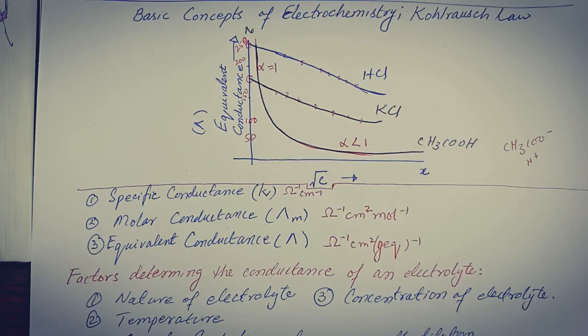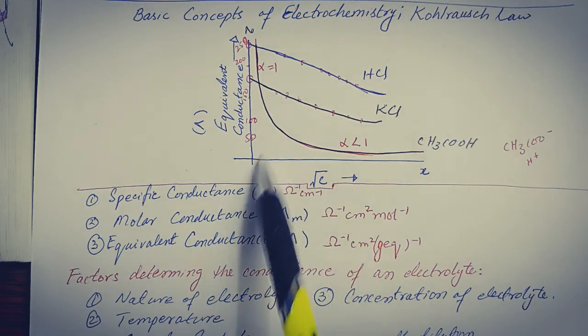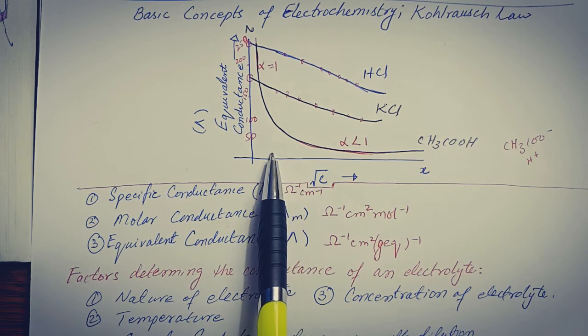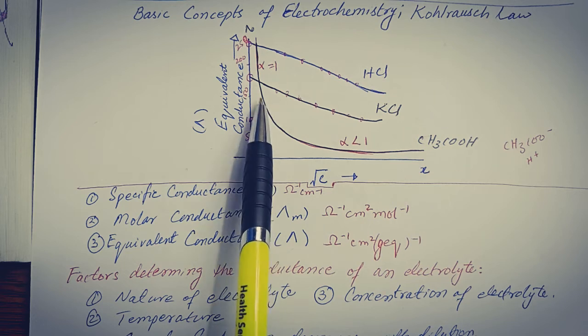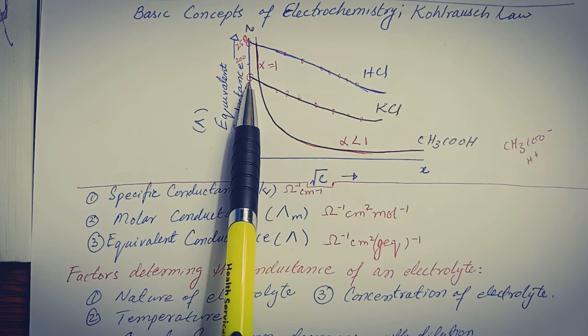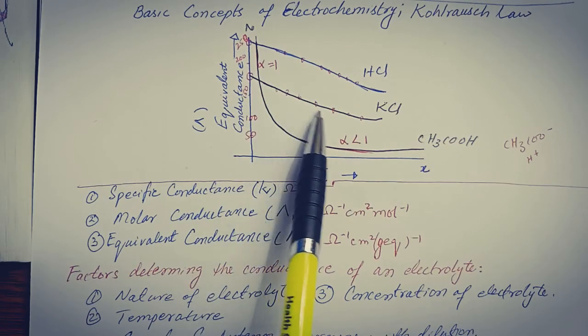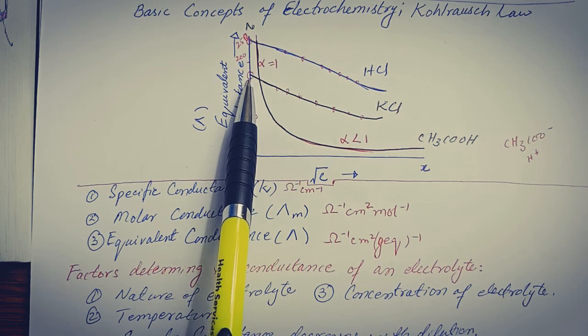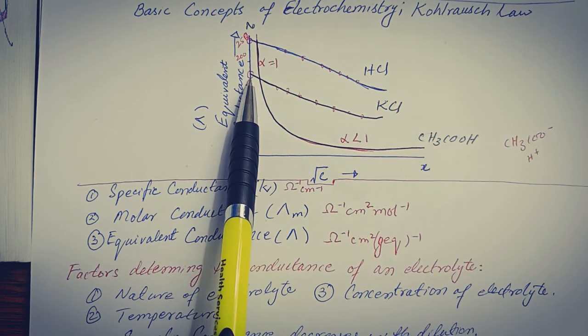Using this law, we can calculate the equivalent conductance of weak electrolyte at infinite dilution, as we have discussed earlier that we cannot prepare the electrolyte solution at infinite dilution, but the value of this equivalent conductance at infinite dilution is usually calculated from the plots which are extrapolated towards the y-axis at nearly zero concentration of electrolyte.